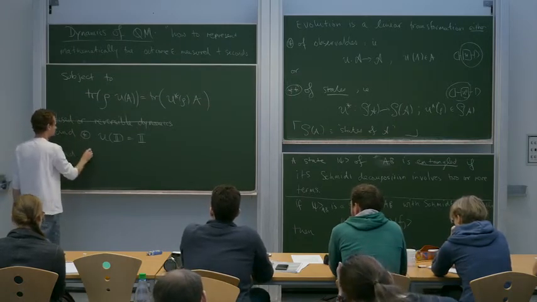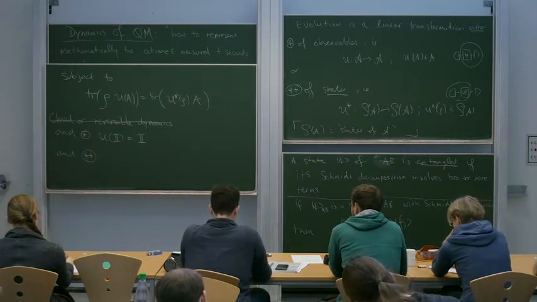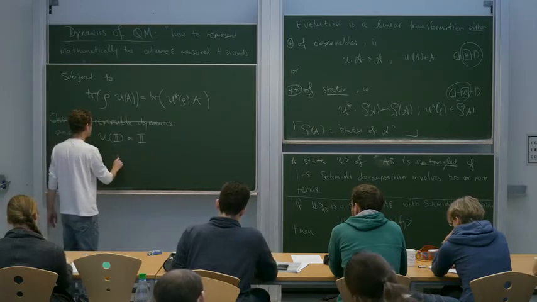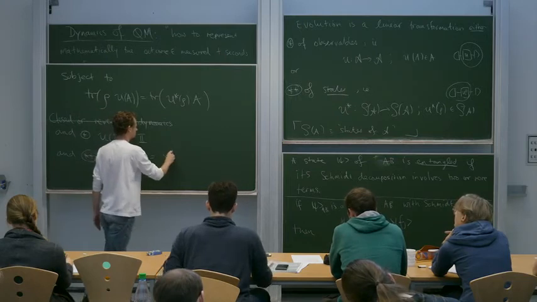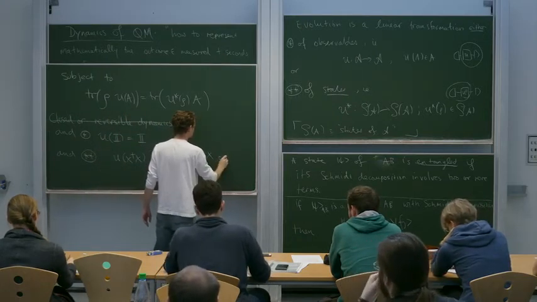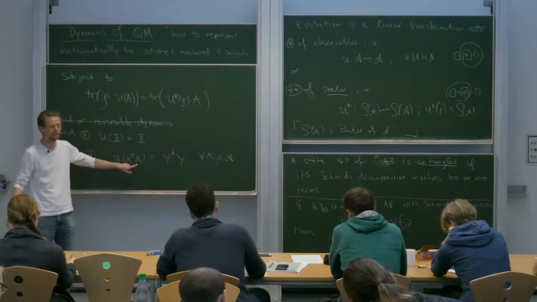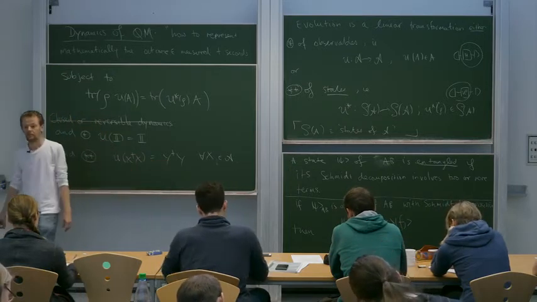And the other condition that it ought to satisfy is that it's got to take legal effects, legal things that we are allowed to measure, to legal things we're allowed to measure. So any observable, any positive element, anything you can write as the form x dagger x, it had better be the case that it hands you another effect.